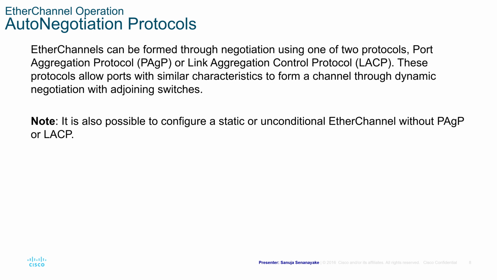So that's a very key feature that auto negotiation protocols allow us. I will go over what PAgP is and such in the next few slides. But you should know these 2 protocols are used in the auto negotiation process by EtherChannels. Note, it is also possible to configure a static or unconditional EtherChannel without PAgP or LACP as well.